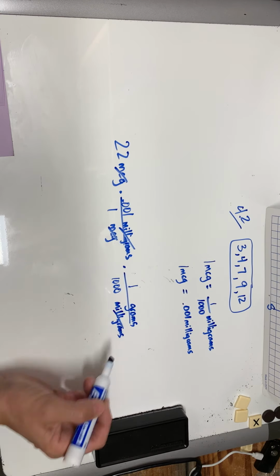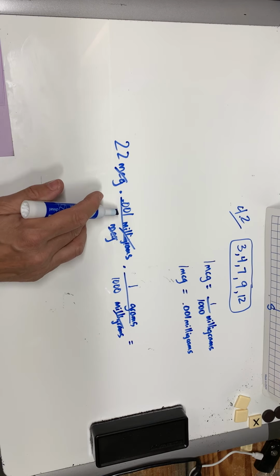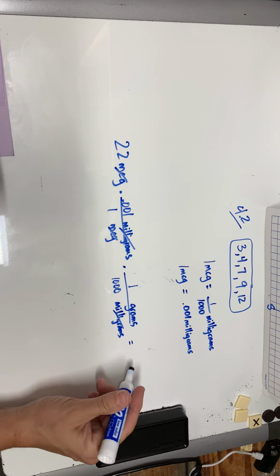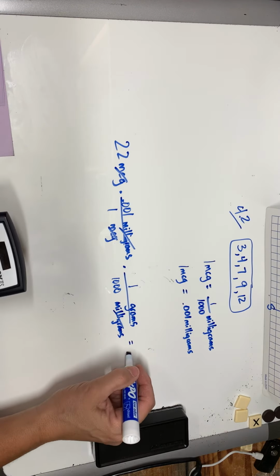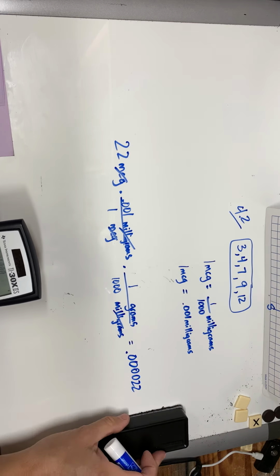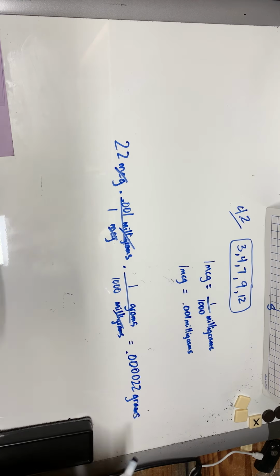Now my milligrams cancel, and I'm simply left with 22 times 0.001 divided by 1,000, which equals 0.000022 grams. And that's the right answer. Okay, that was number 9.